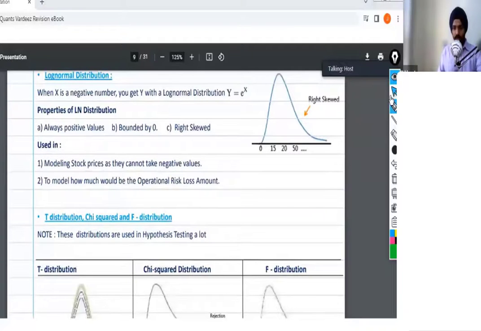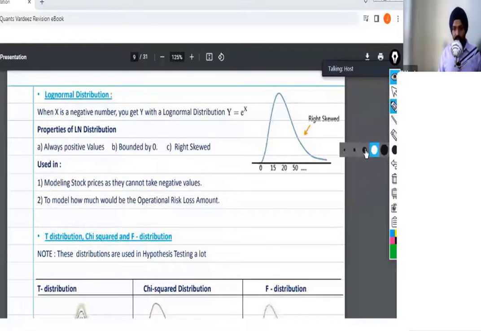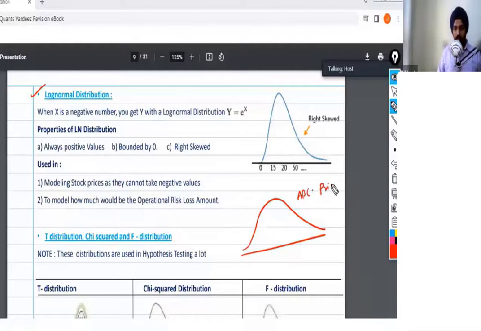Now, moving on to the other distribution that we have, and that is the log normal distribution. There are times that normal distribution cannot be used everywhere. For example, if you have a stock, let's say ABC company, and you're taking the historical data of all the prices, do you think it's going to follow a normal distribution wherein it's going to have negative values like maybe negative 70, negative 50, and so on?